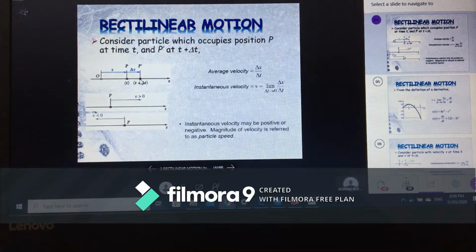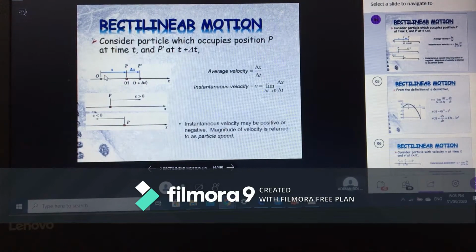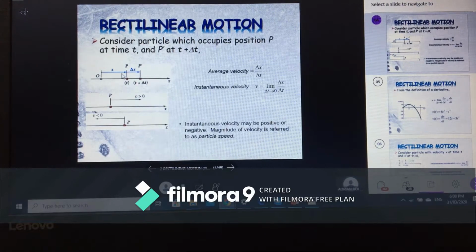Alright, now to find the average velocity of the movement of the particle, we have here the concept that the average velocity is equal to the ratio of the change of the displacement, delta x, with respect to the change of time, which is delta t. So in other words class, at this point we have t plus delta t.